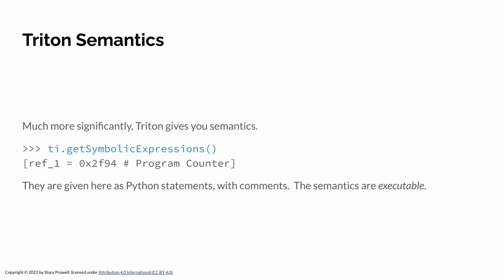This is actually giving me back the information in static single assignment form. Instead of using something more transparent like saying EIP sub 1, it happens to be using ref sub 1, but the same kind of thing is happening here. It's converting everything into static single assignment. And also, this is executable Python code. That's neat. I could just run that.